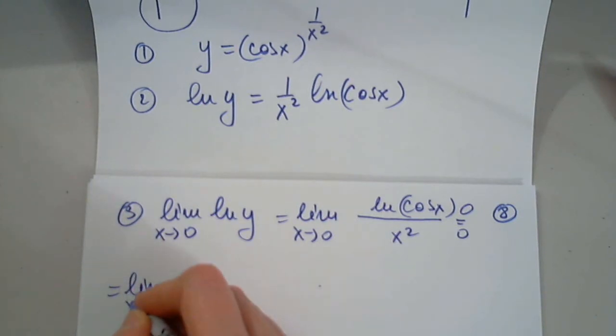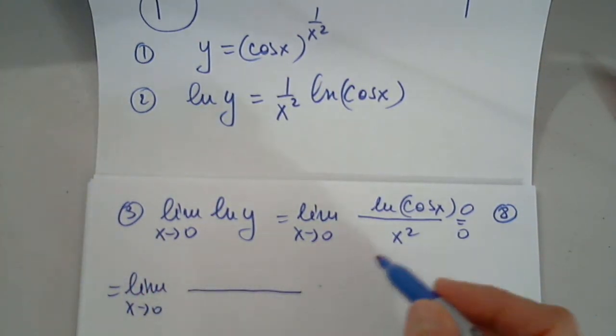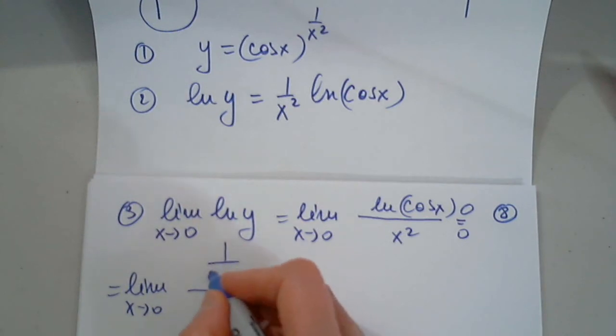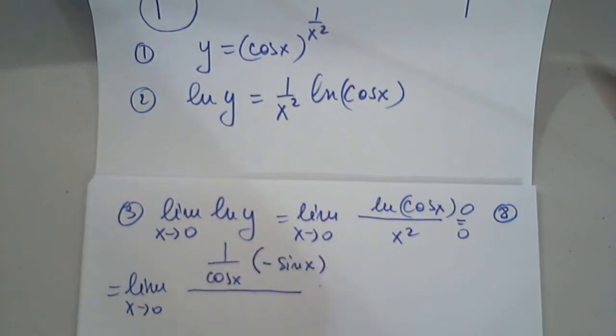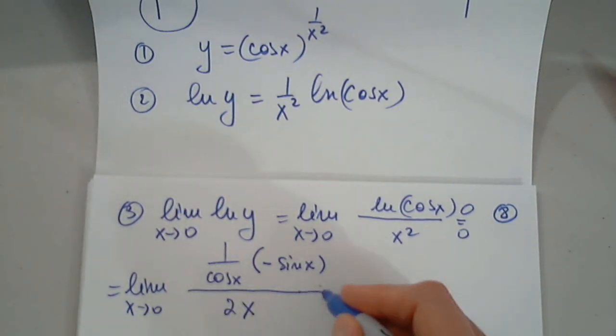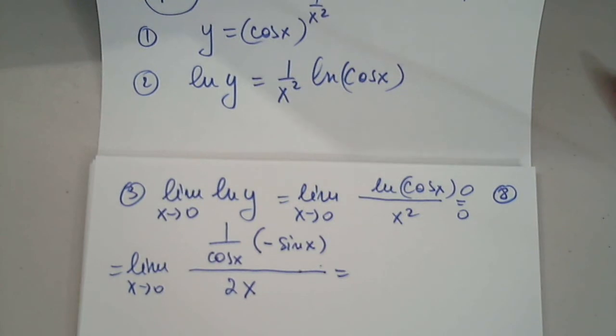So this is limit as x approaches 0, 1 over cosine x times the inner function prime over 2x. So cosine, when x approaches 0, cosine will go to 1.